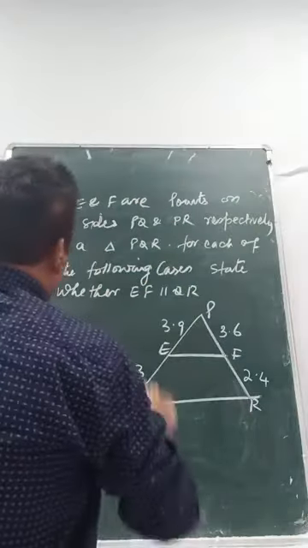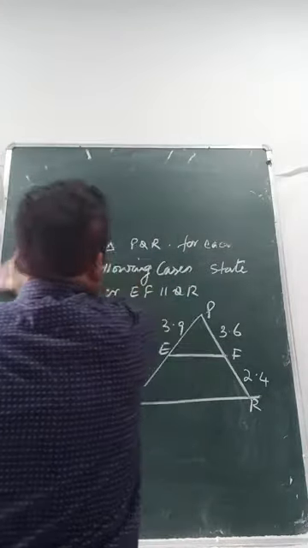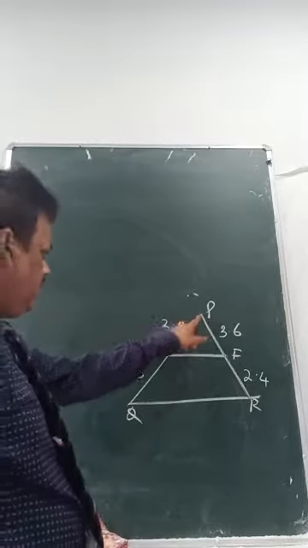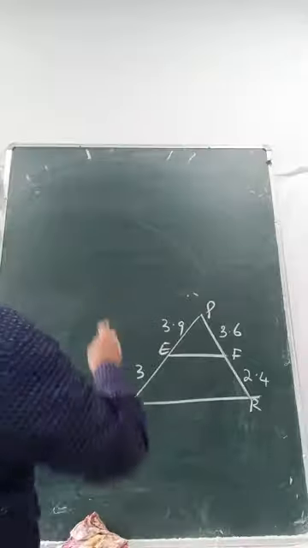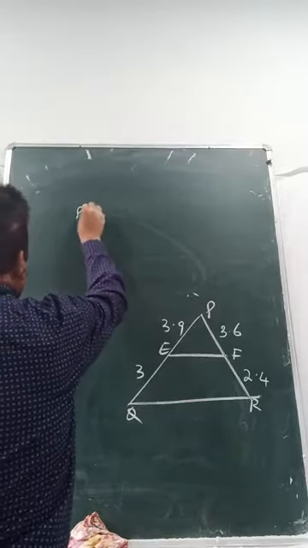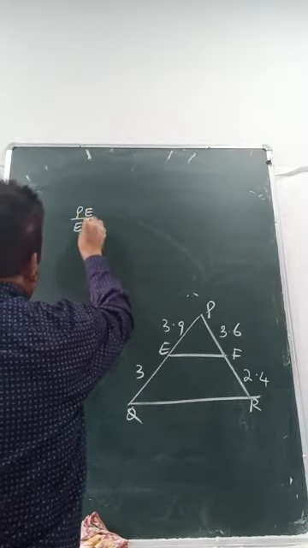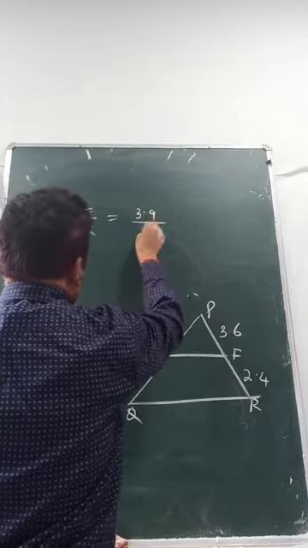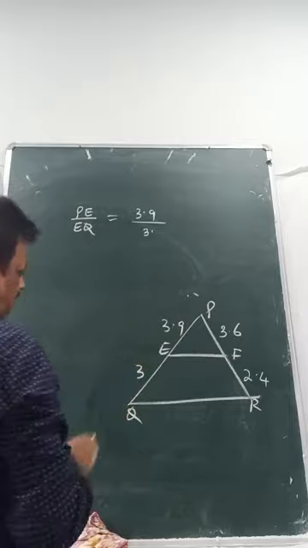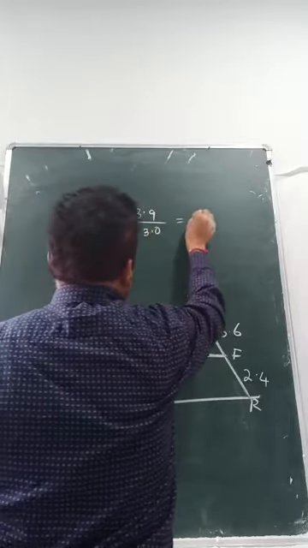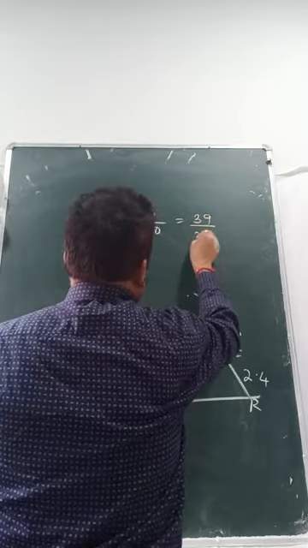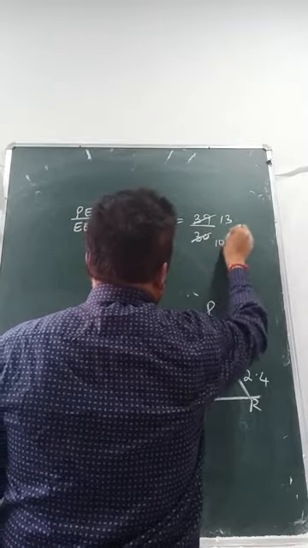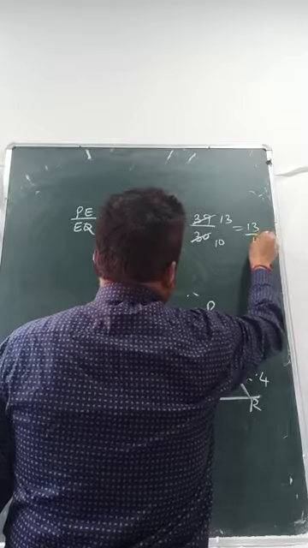So, look at here. Find out PE by EQ. What is PE by EQ? This is 3.9 divided by 3. 3 means 3.0. That is 39 by 30. 3 cancel 13, 3 cancel 10. 13 by 10.